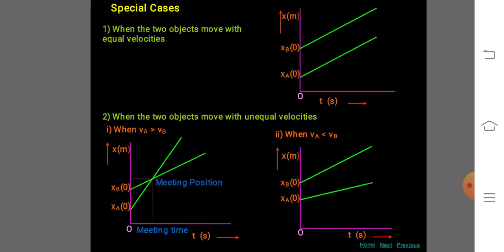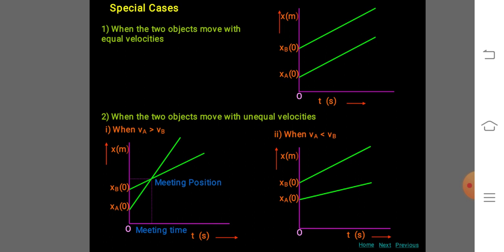It means that the two objects stay at a constant distance apart during the whole journey, and in this case the position-time graphs of the two objects are parallel straight lines, as shown in the figure. You can observe the figure carefully. The two straight lines are parallel here. So the two objects stay at a constant distance apart during the whole journey.